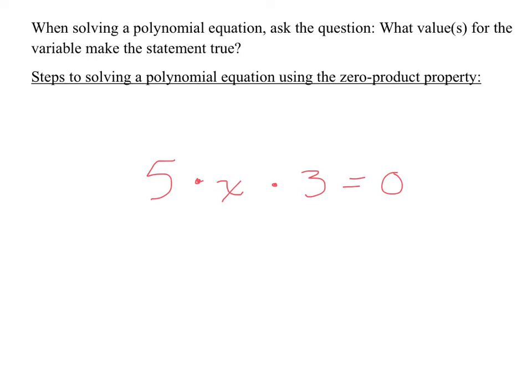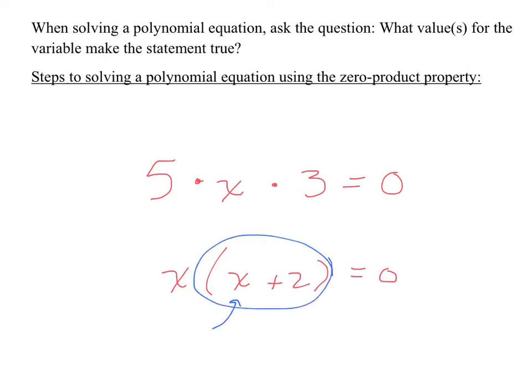So if I take this idea and extrapolate it to the next part, now what values could x be? Notice I say values. What values could x be to make this statement true? Negative 2, good. If I put a negative 2 in right here, it makes this entire factor 0.